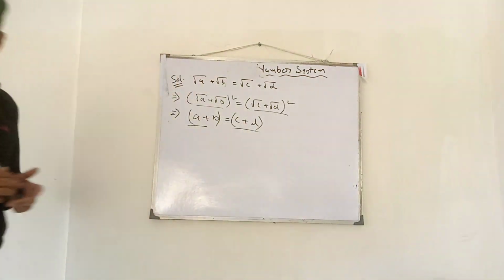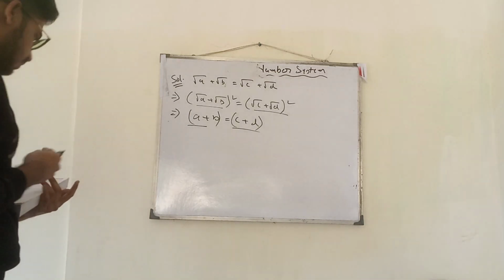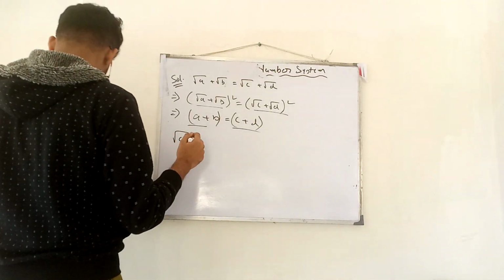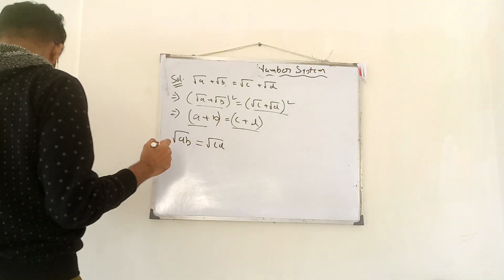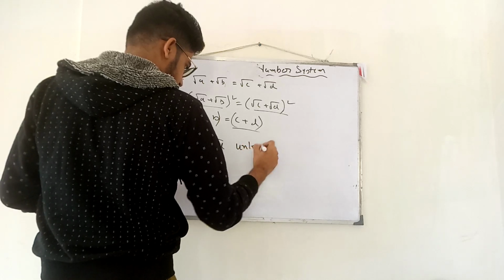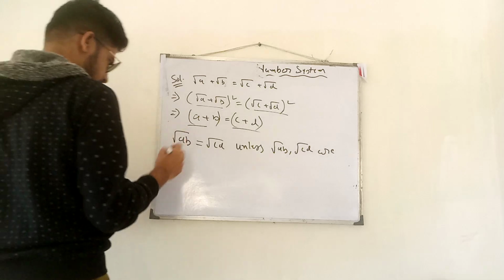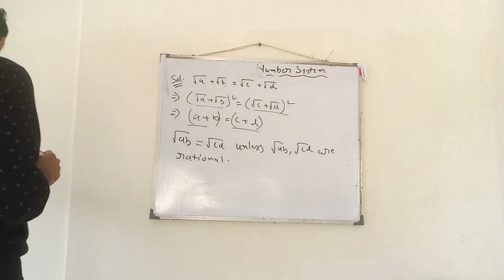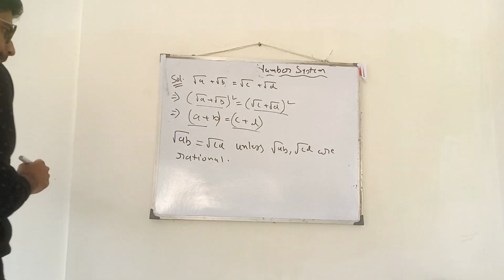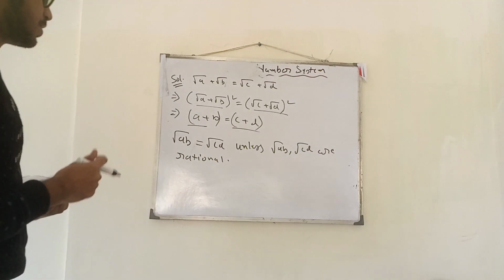Suppose here they have written that root AB is equal to root CD unless root AB and root CD are rational.